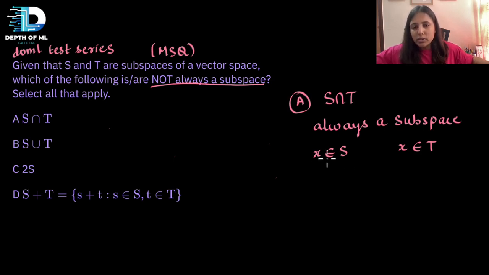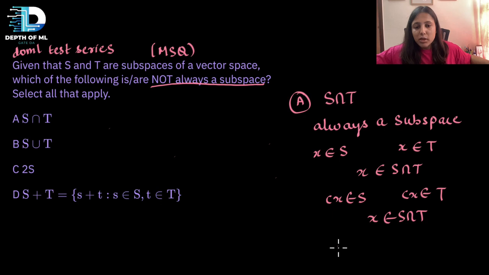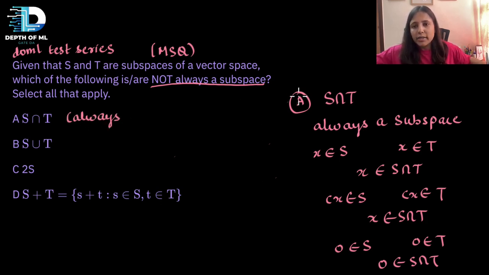All the linear multiples of X will belong to the intersection, so Cx belongs to S and Cx belongs to T. And the zero vector belongs to S and to T both, so it will also belong in S intersection T. So this is always a subspace. I'm not doing a very rigorous proof in this, but just know that this is always a subspace.